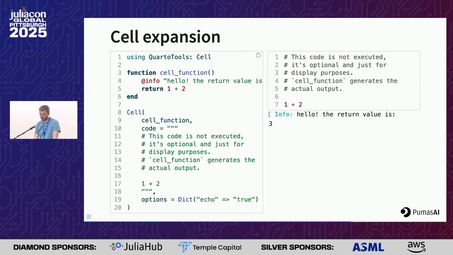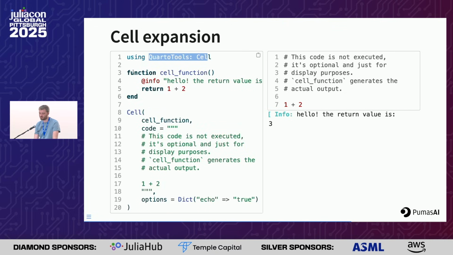To show what that looks like, here's an example. We are using the QuartoTools package here, which is a companion package we also published. It's also called cell, but it's a more convenient version of the same thing that you find in QuartoNotebookWorker. As I said, QuartoNotebookWorker is currently not registered, so it's easier to go through this package if you want to use this functionality.